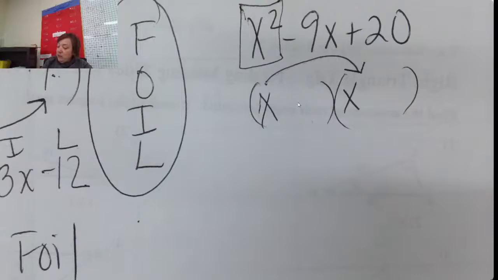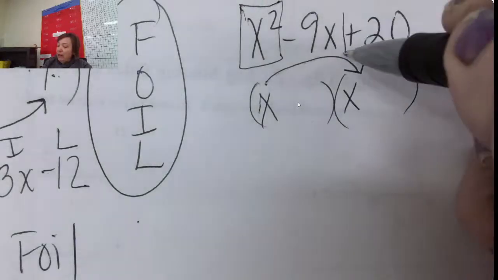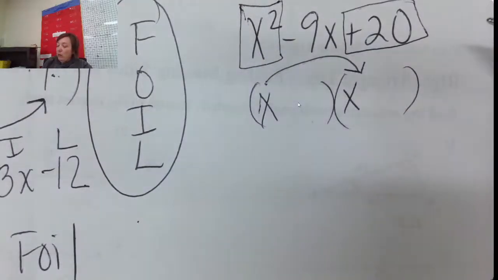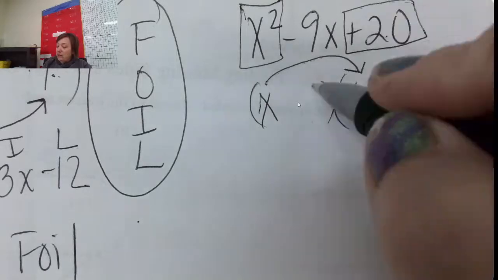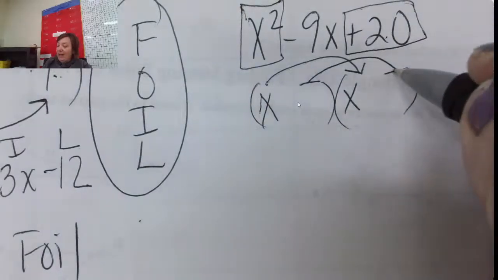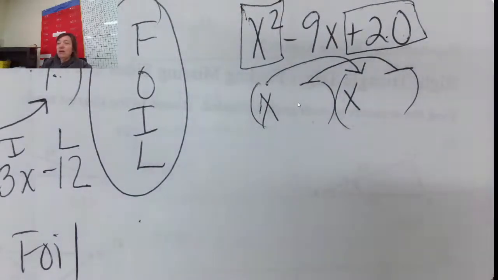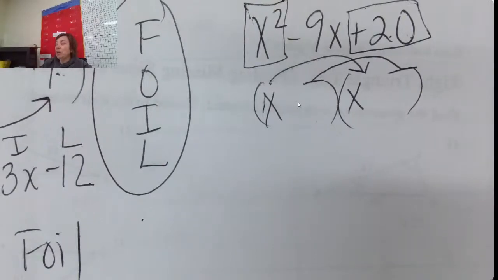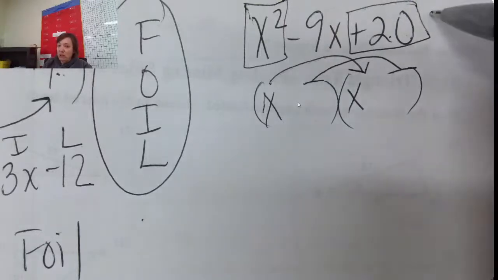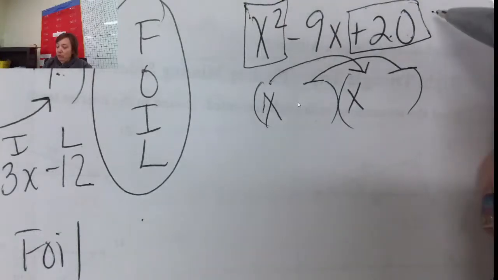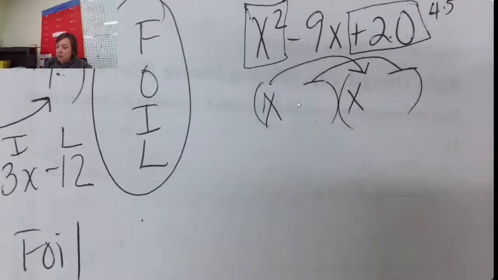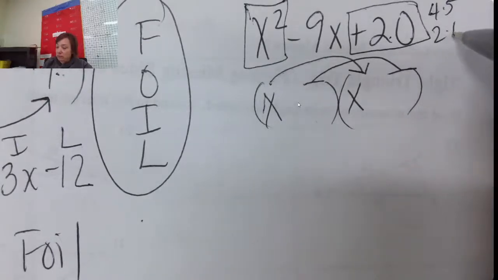And then we jump to the end and we say, oh, hey, look, I know that when I multiply this last term and this last term, I get 20. So I've got to think of all the possibilities that I could multiply that might give me 20. So what are things that multiply to give me 20? 4 and 5. What else? 2 and 10. What else? 20 and 1.